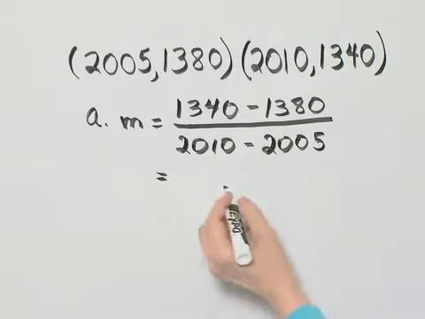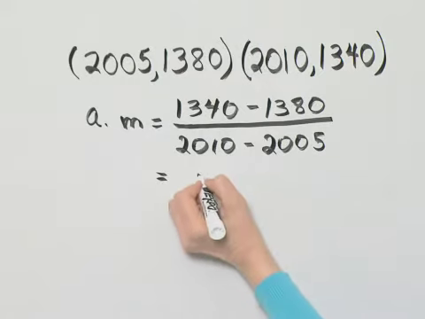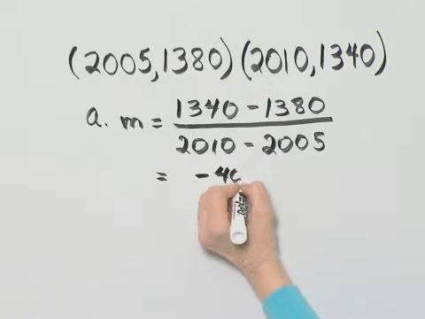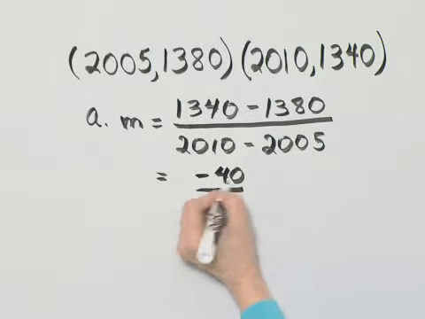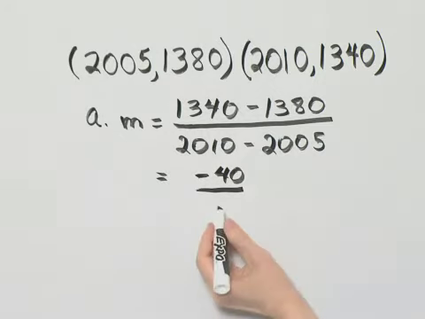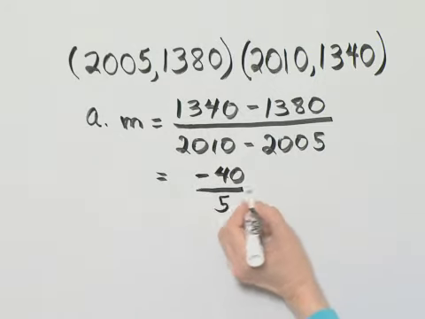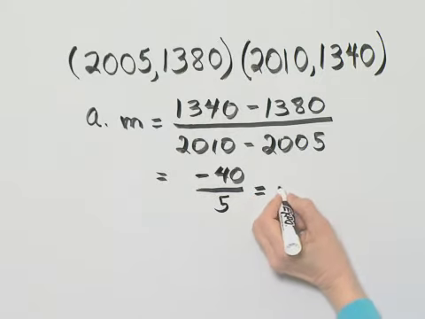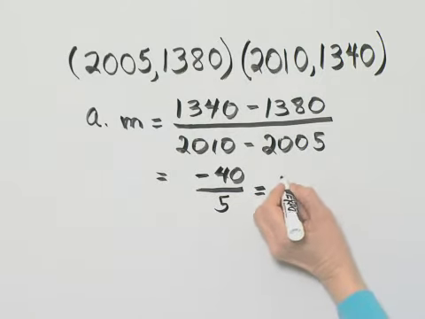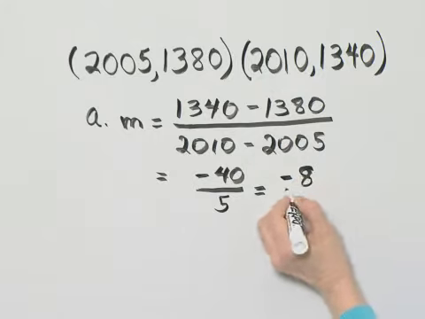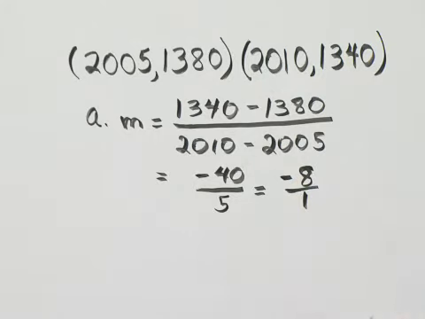1340 minus 1380, that is negative 40, over 2010 minus 2005, that is 5. So the slope is negative 8, or I can write that as negative 8 over 1. Now remember, this is y's, that's x's, so the slope is negative 8 over 1.